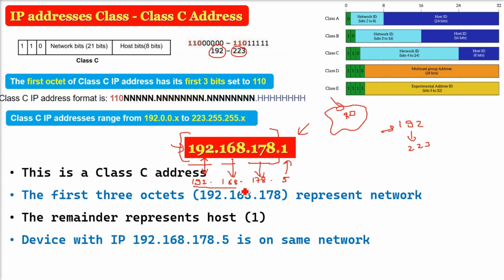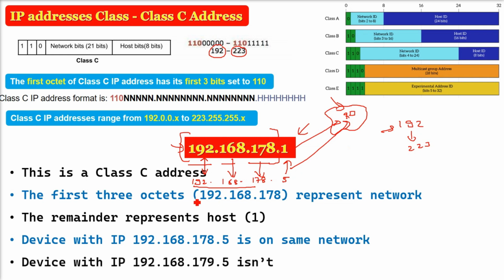But for the other, if I say 192.168.179.5, you just have to match the first three octets. This one is not matching, because 179 is not equal to 178. So all three addresses I told you are class C addresses, but the first two belong to the same network, and the third one does not.